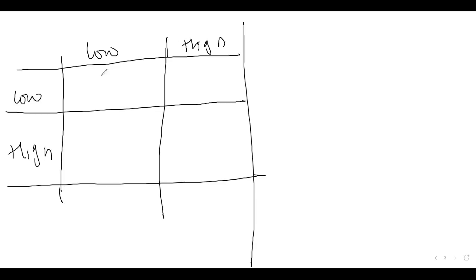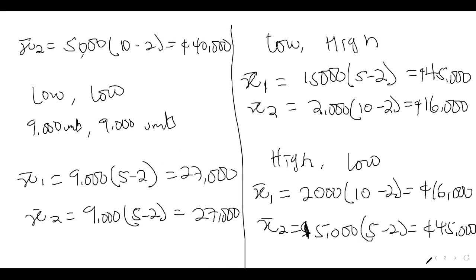So when both set low price and low price, remember, the two of them will get 27,000 profit each, okay? And when both set a high price, they will get 40,000 each profit. Now, when one sets low and one sets high, the one that sets low will get 45,000. The one that sets high will get 16,000.